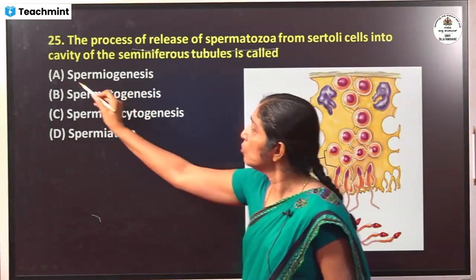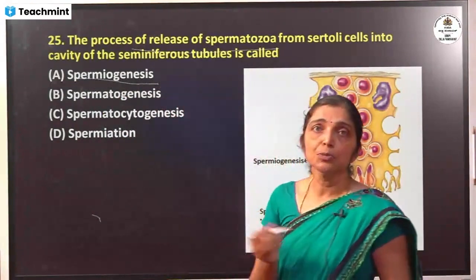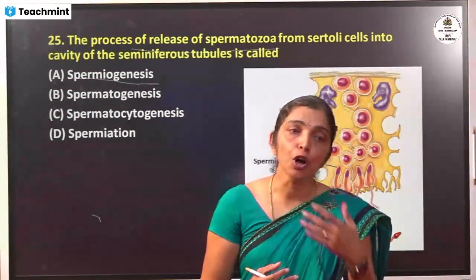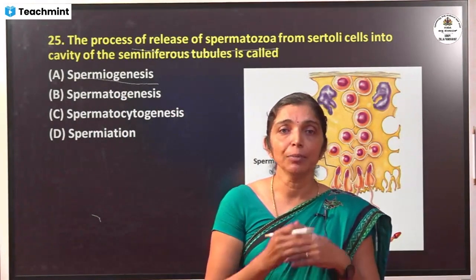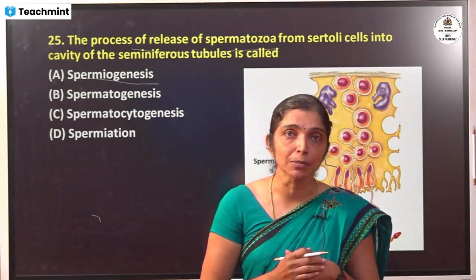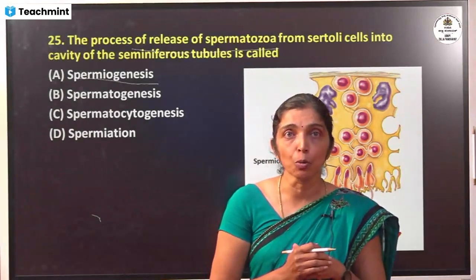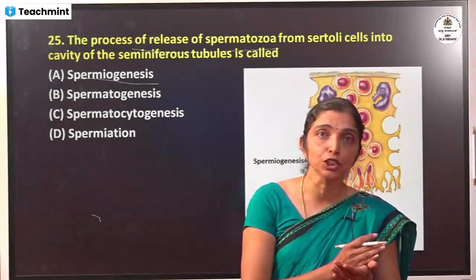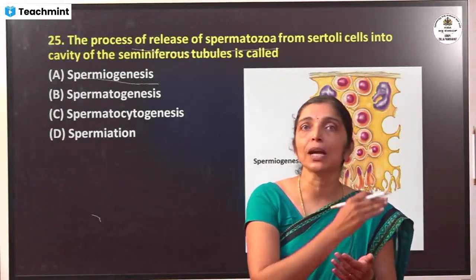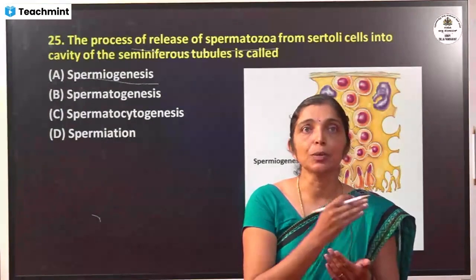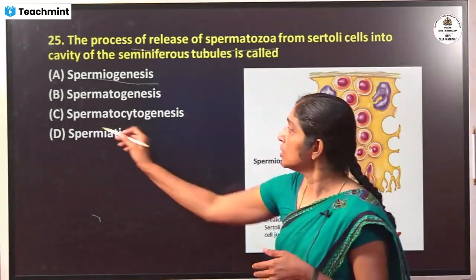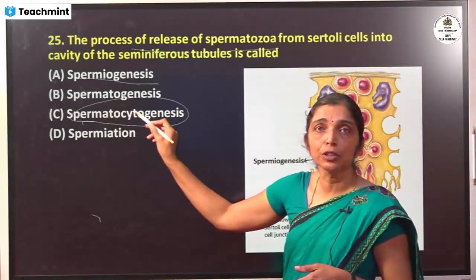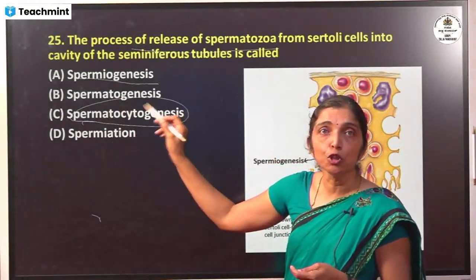Now, first, you should know what spermiogenesis is. Spermiogenesis is a process wherein the non-motile spermatids are transformed into motile sperms or spermatozoa, whereas spermatogenesis is a process of production of the sperms from the primordial germ cells, and spermatocytogenesis is actually the production of the stem cells, that is, your spermatogonial cells.